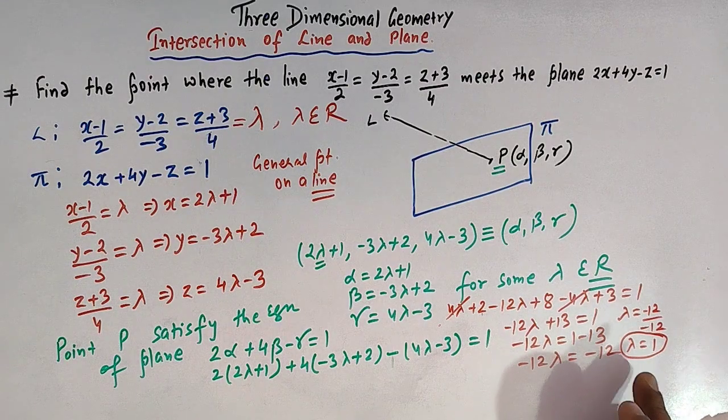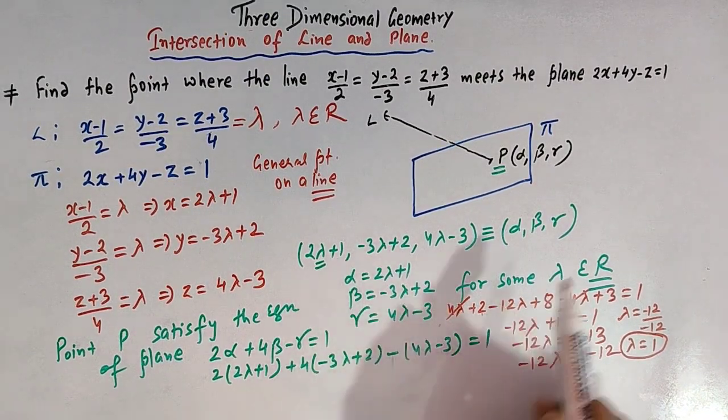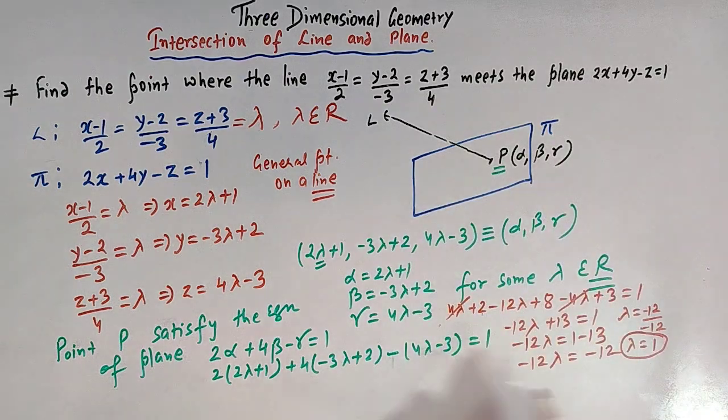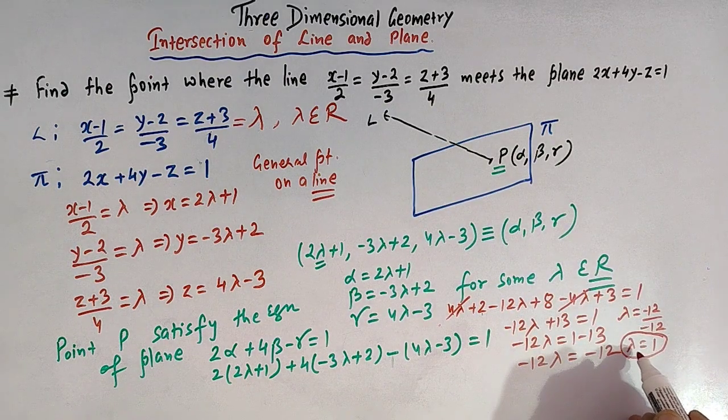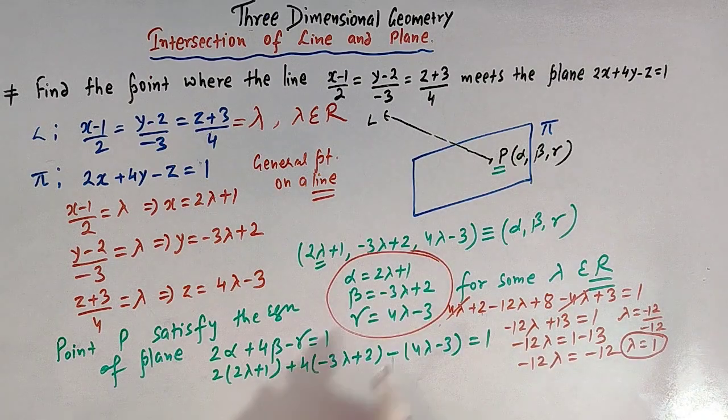So now we have got lambda is equal to 1. To get the coordinates alpha, beta, and gamma, we can substitute the value lambda is equal to 1 in these coordinates. So alpha is 2 lambda plus 1, that is 2 times 1 plus 1.